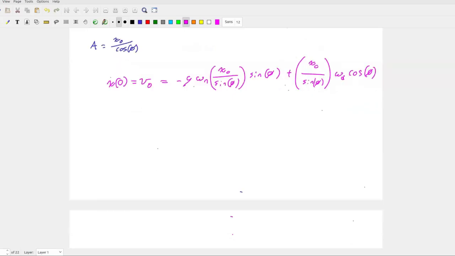So we can simplify that a little bit with cotangent, and I get x dot of 0.